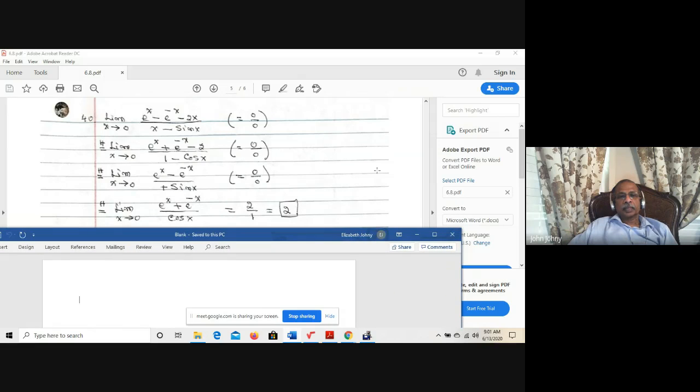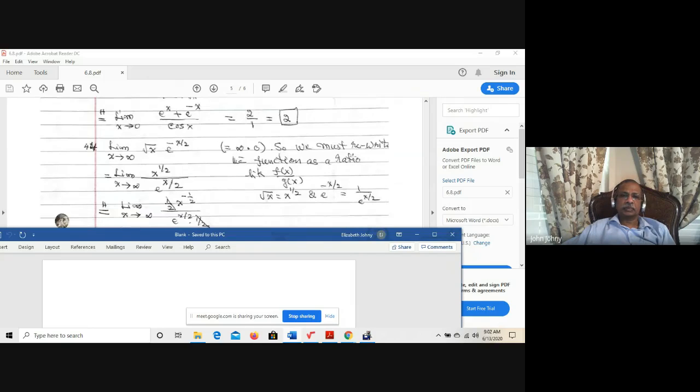Differentiate: e to the x plus e to the negative x divided by cos x, and the answer is 2 over 1, which is 2. If you want, you may check your answer by using the calculator.